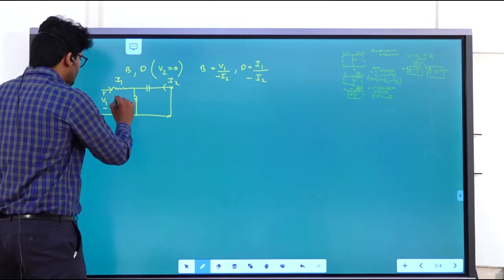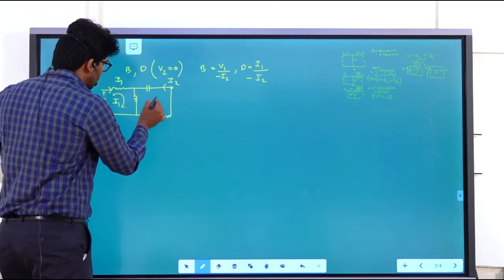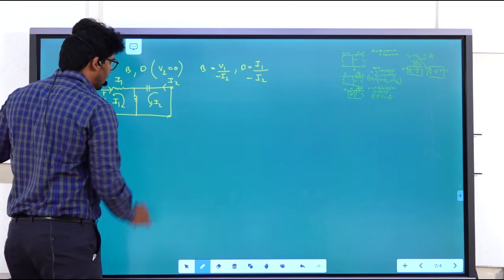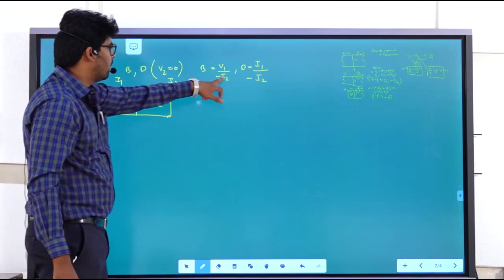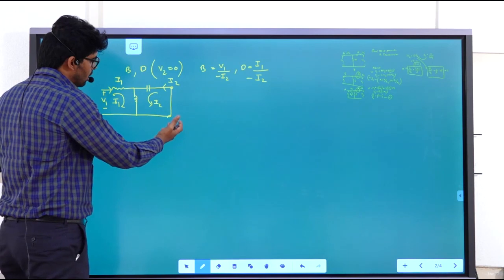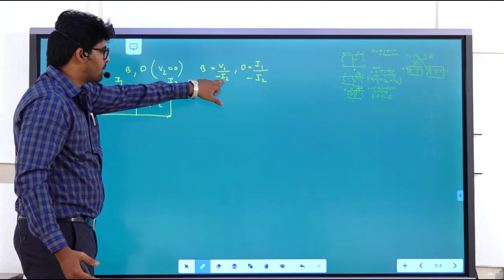From this equation, I1 is flowing in this loop, and I2 is flowing. Now we need V1 by minus I2. If we continue, this circuit is not a problem, but we have to get minus I2.